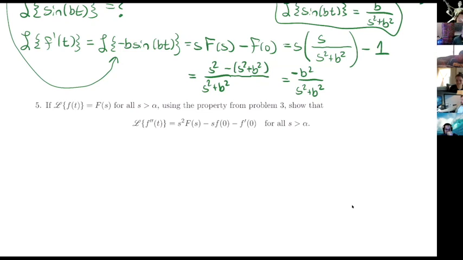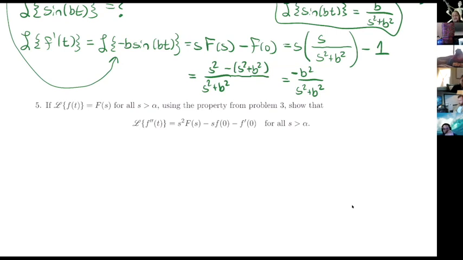I won't get into that, but we can see how we could use the result for the first derivative to at least prove the result for the second derivative. And this will give you a sense for how this works for any power derivative. So what I want to do here is calculate the Laplace transform of the second derivative of f.